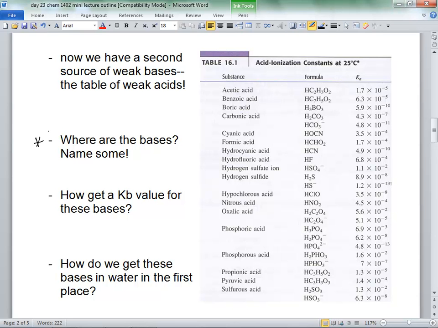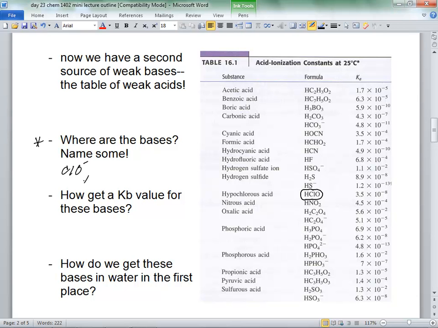Let's pick one. Let's pick HClO. Now that's supposed to be a weak acid, Monica, but what's its conjugate base? ClO negative. There's one. That would be a conjugate base. That's a base.